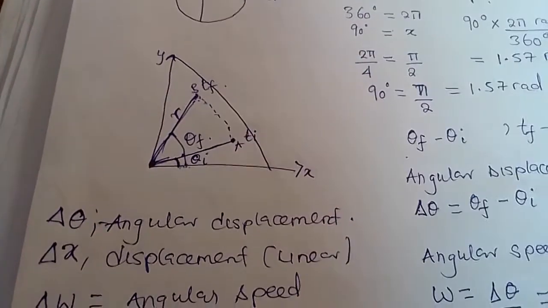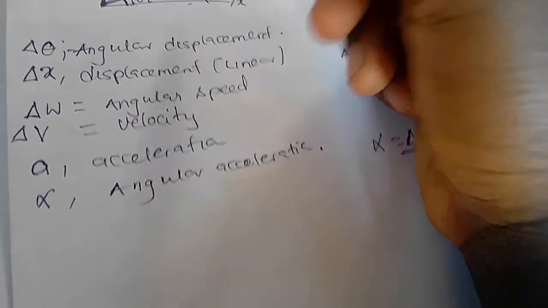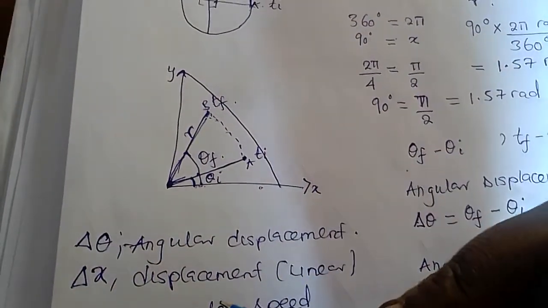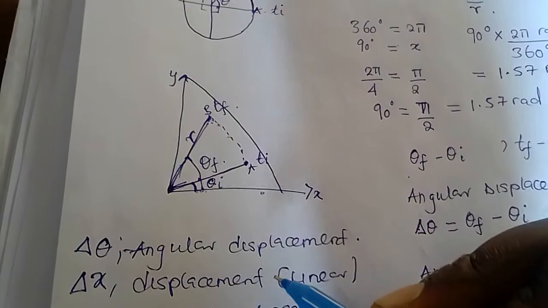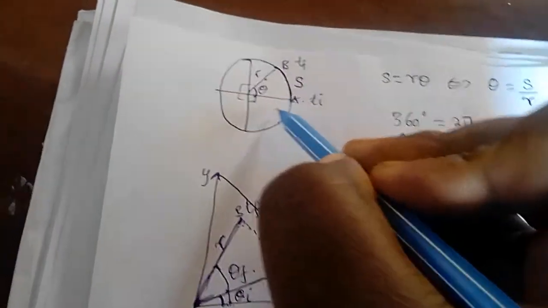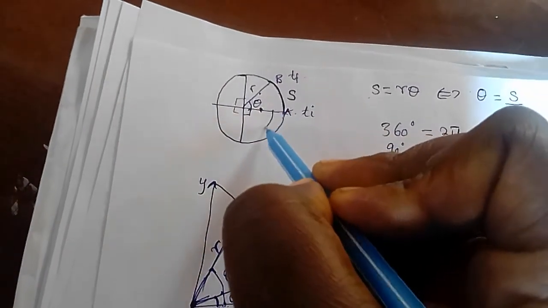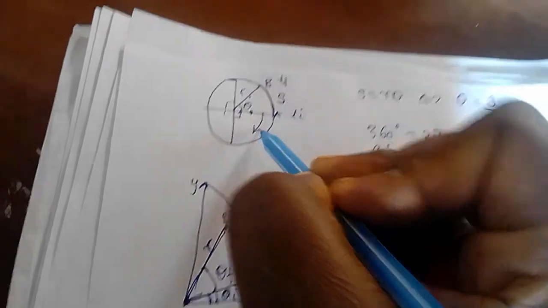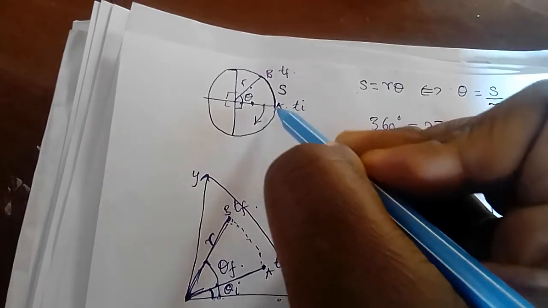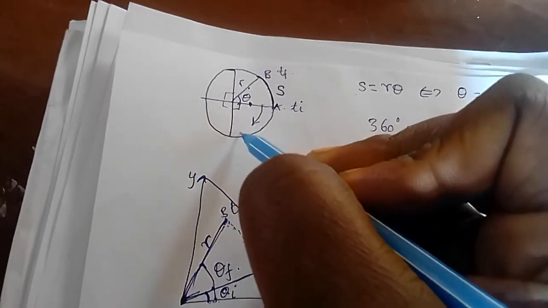Now, with angular motion, we take clockwise motion as negative and anti-clockwise motion as positive. What I mean is, if we start from here, a body starting from here, if it's going in this direction, then we are going to take all the motions in this direction as negative.